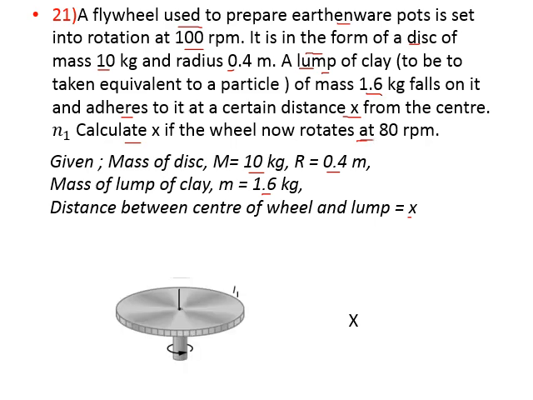Imagine this is a wheel rotating about this axis, and in this case I1 is the moment of inertia, and the speed is 100 rpm.